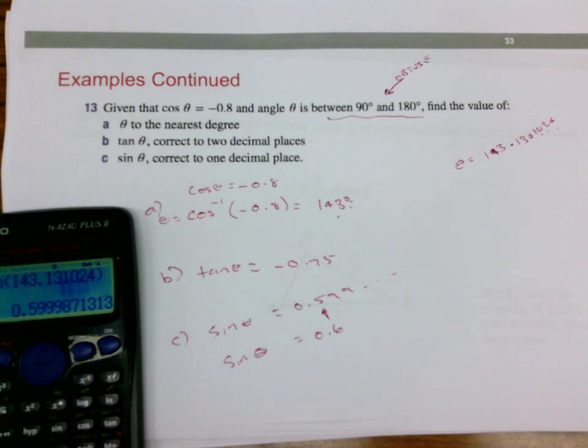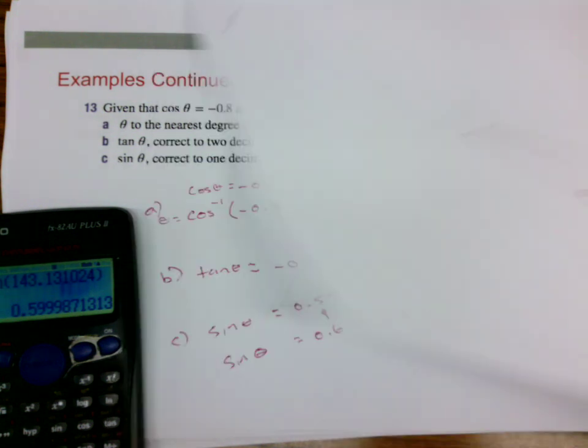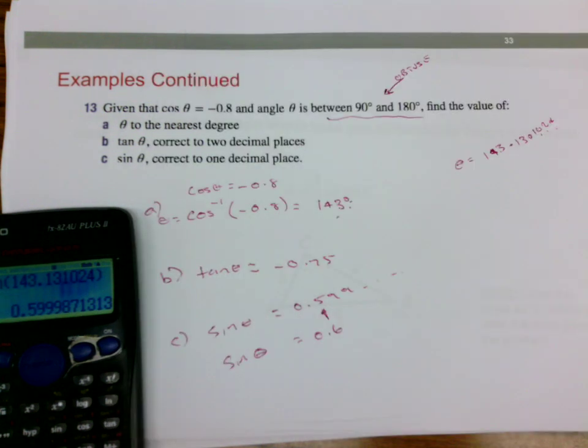Do we agree? 0.6. So, in summary, what have we learnt this lesson? We've learnt a little bit about obtuse angles, and as we go through the rest of this chapter, dealing with non-right-angled triangles and things that aren't right angles, if ever we come across a negative angle when we're finding an angle, we just add 180.